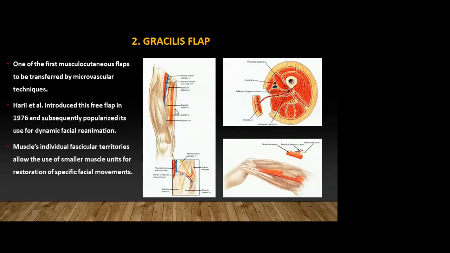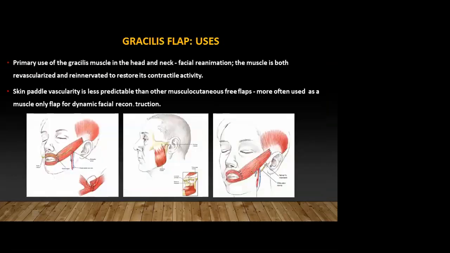So this is a picture showing the Gracilis muscle, and this is the supply to the Gracilis muscle, that is from the profunda femoris. The adductor branch is supplying the Gracilis muscle, and the primary use is for facial reanimation.